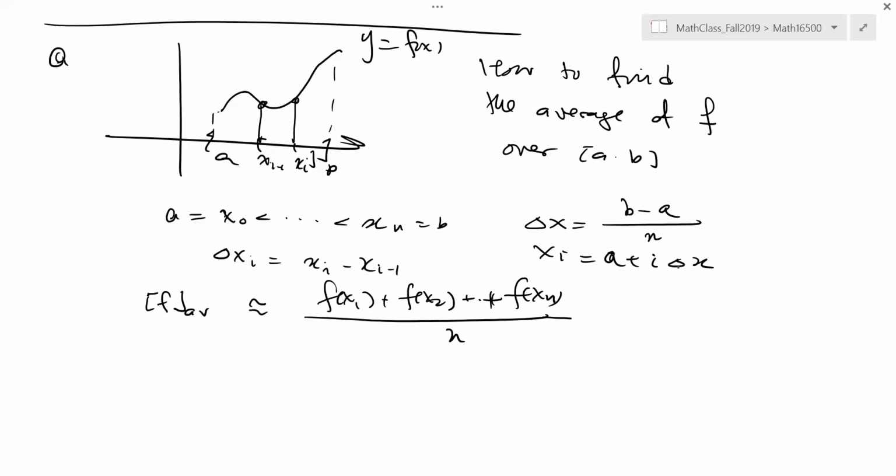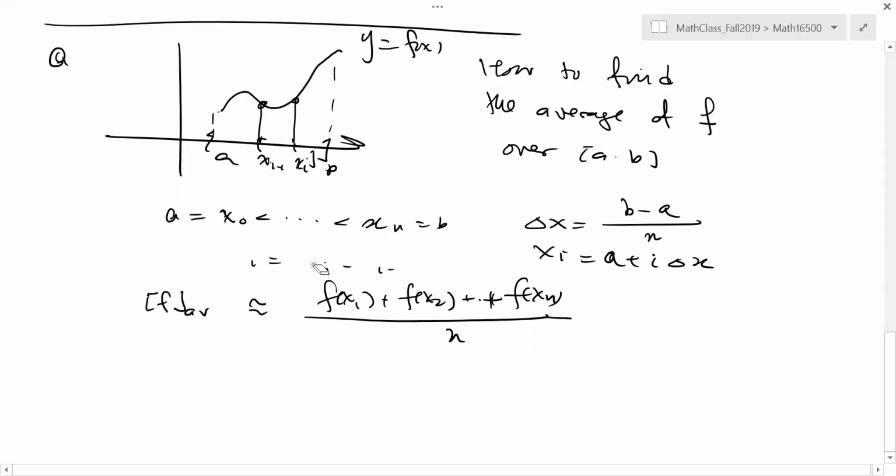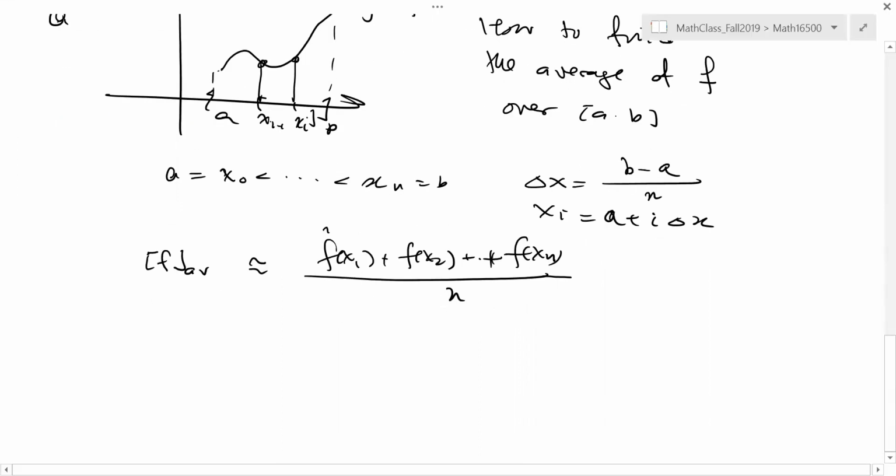All the subintervals have the same length. Now I'm going to find the limit when n is sufficiently large.